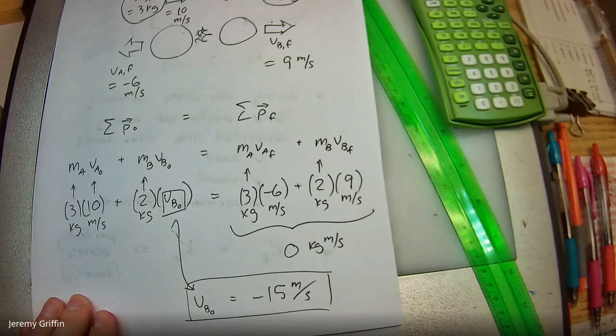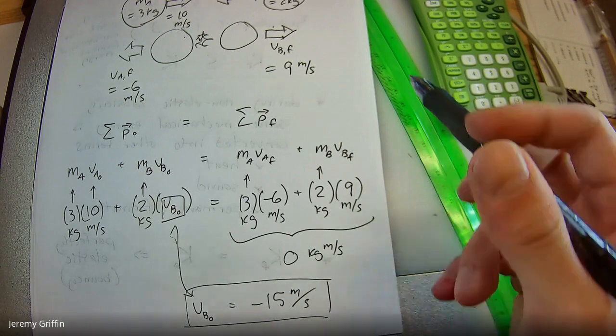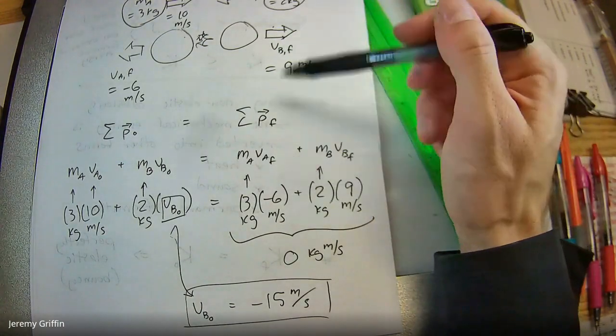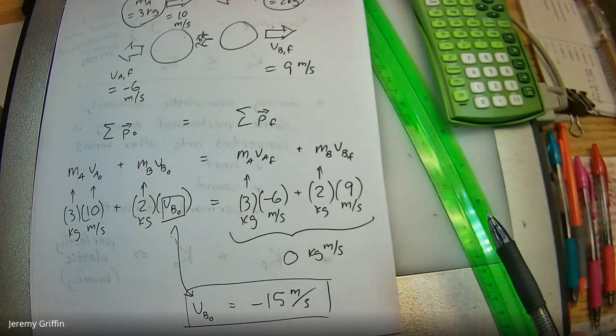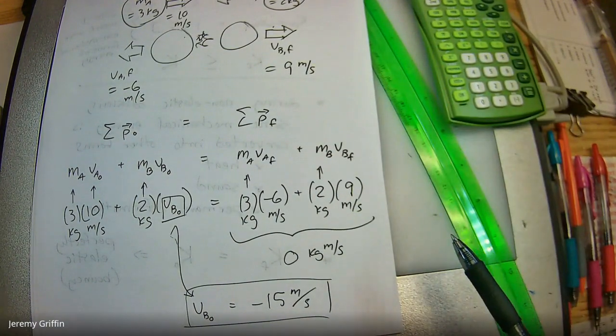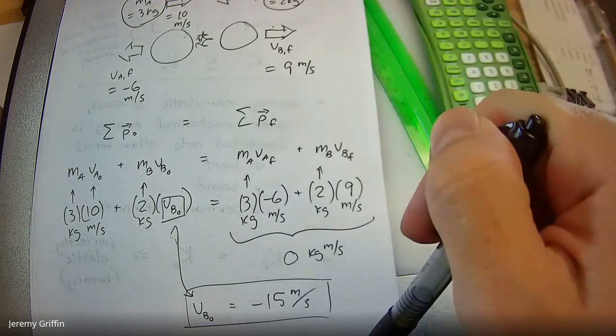So what's the point of all this? The point is that because you can go backwards and forwards with conservation of momentum, you could apply exactly this type of thinking from number 4 if you were a forensic investigator and you saw a car crash. You're trying to figure out what the speeds of these cars were before the crash. You might be doing something pretty similar to exactly this.